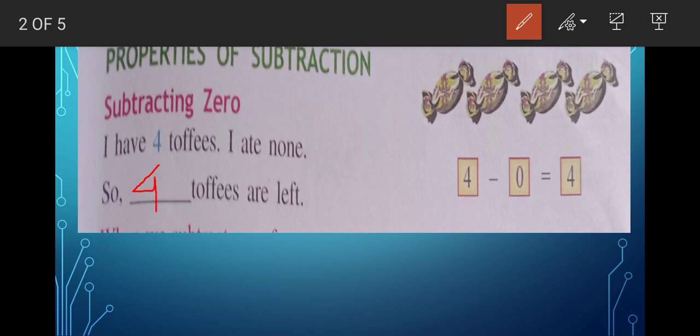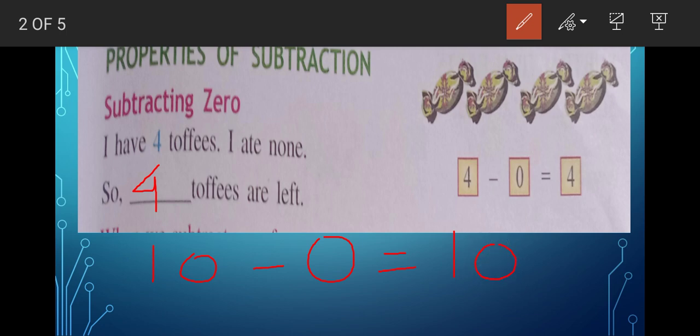In the same way, another example I am going to tell you. If you have 10 flowers with you, and out of that you gave 0 flowers, or you did not give any flowers to anyone, how many flowers will remain with you? 10 only, isn't it?